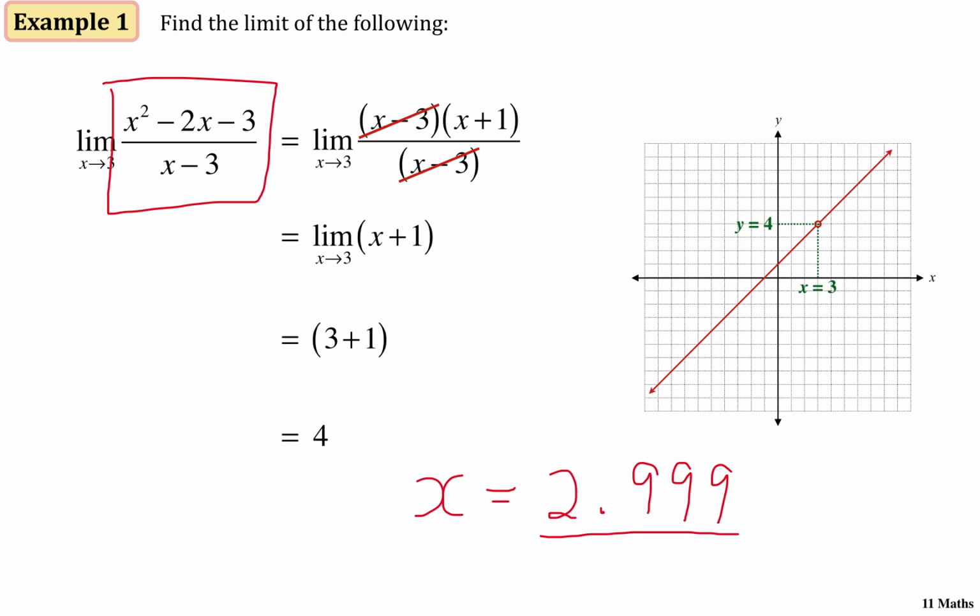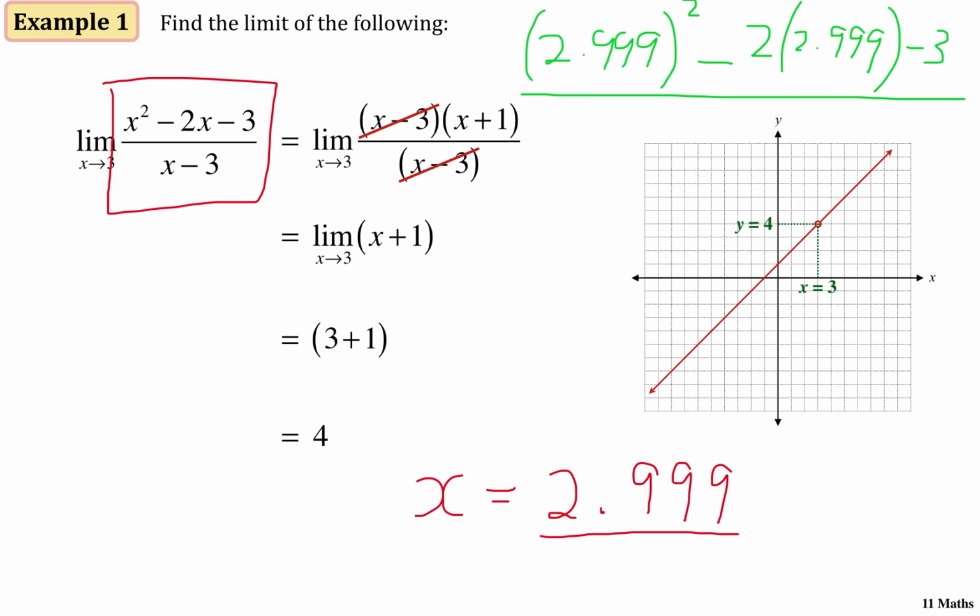This is what you type into your calculator: 2.999 squared minus 2 times 2.999 minus 3, all over 2.999 take away 3. And you'll get an answer that is very close to 4. And so you would assume from that that the answer is getting close to 4.